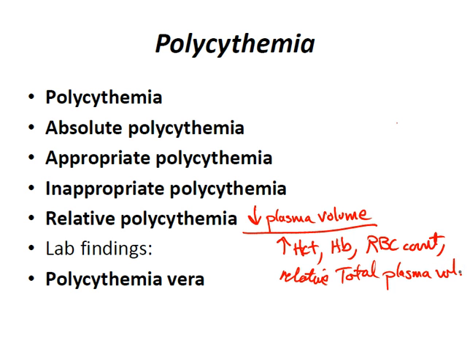Alright, so volume depletion, like sweating, diarrhea, a burn victim, etc., is going to give you a relative polycythemia.